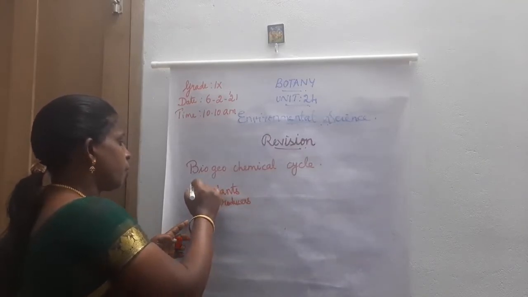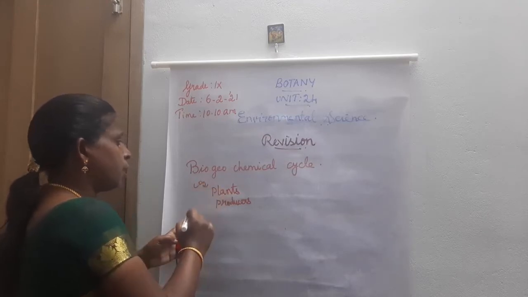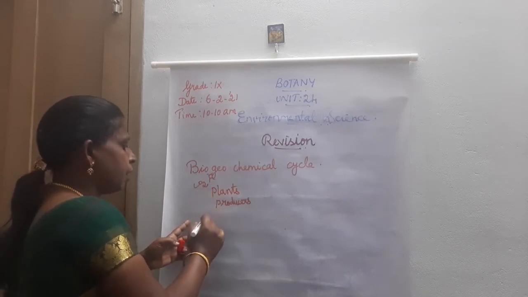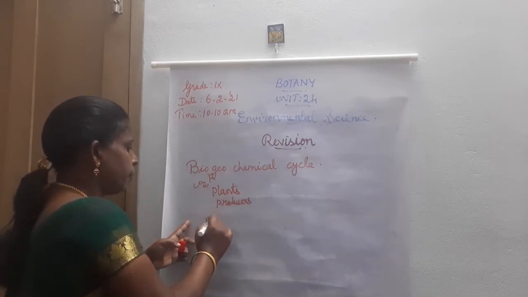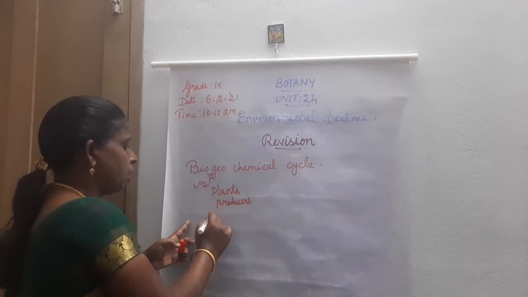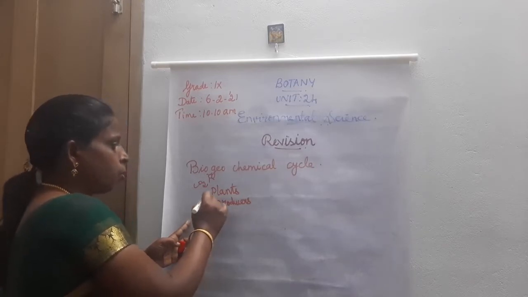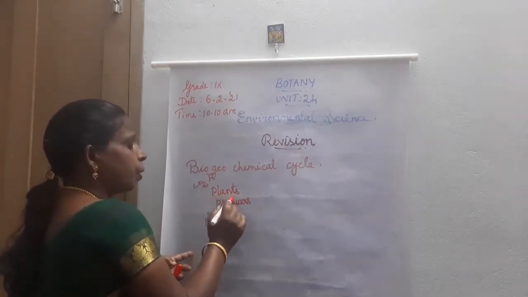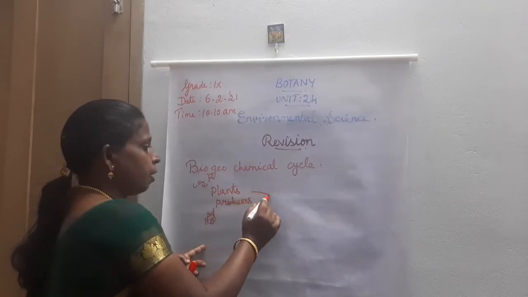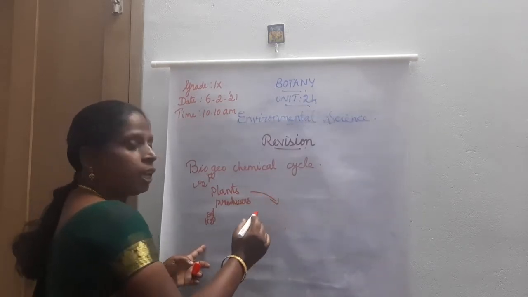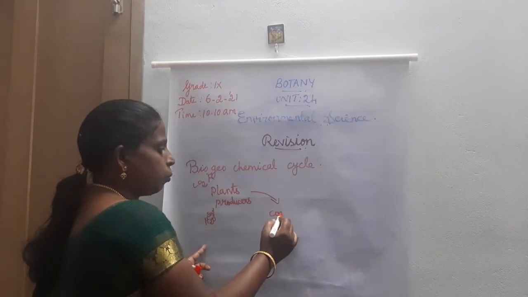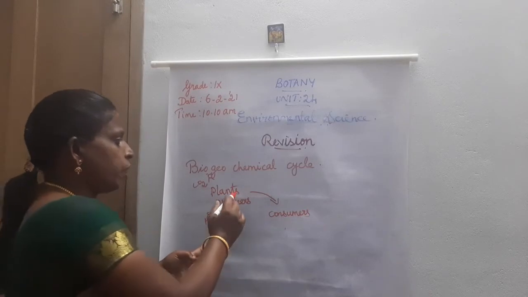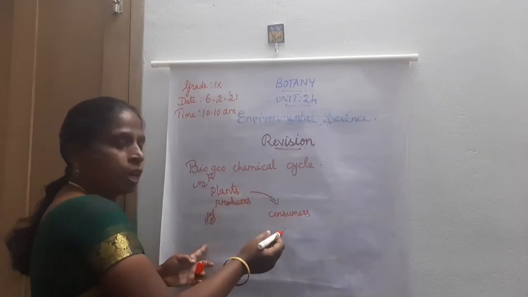The plants absorb carbon dioxide from the atmosphere, light energy from the sun, and water from the soil, and with the help of the chloroplast, the green pigment present in the chloroplast, they are preparing the food. These food materials can be transferred to the next one. They are consumers. The consumers depend upon plants for their food. Now the energy is transferred from plants to consumers.